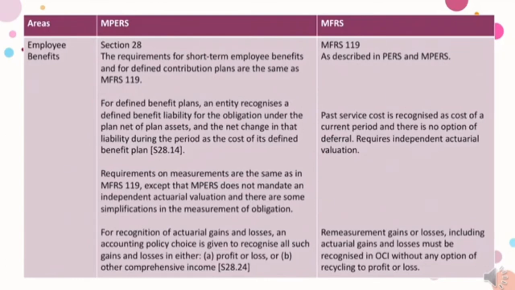While for FRS 119, the remeasurement gains or loss, including actuarial gains and loss, must be recognized in other comprehensive income only, without any option of recycling to profit or loss.